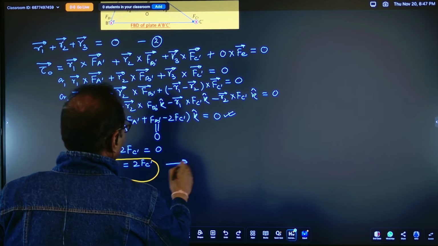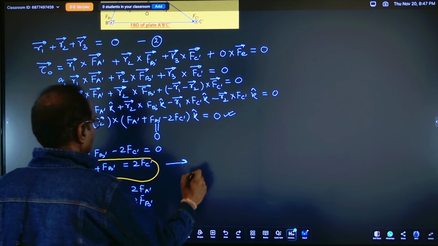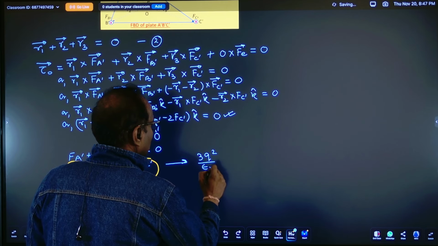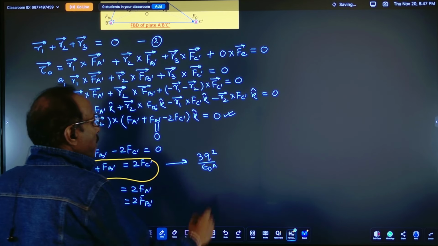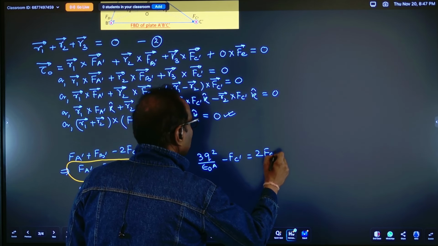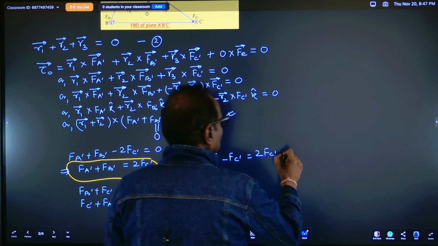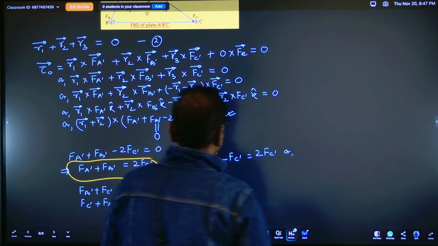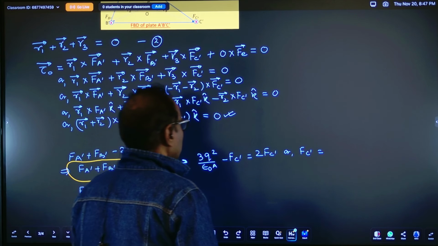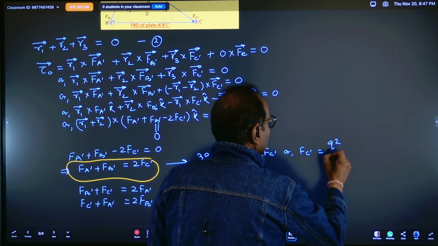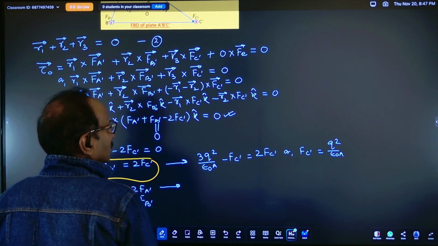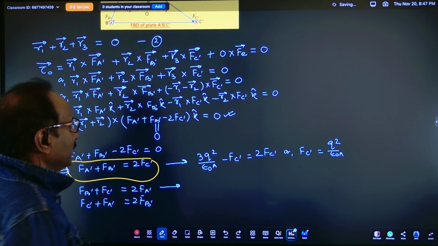So from this equation, 3q square by epsilon naught A minus Fc prime is 2Fc prime, or Fc prime will be q square by epsilon naught A. Similarly, from this you will get Fa prime.